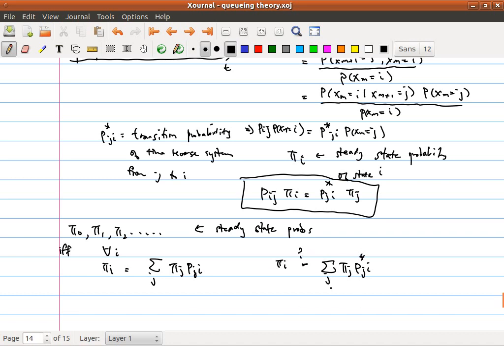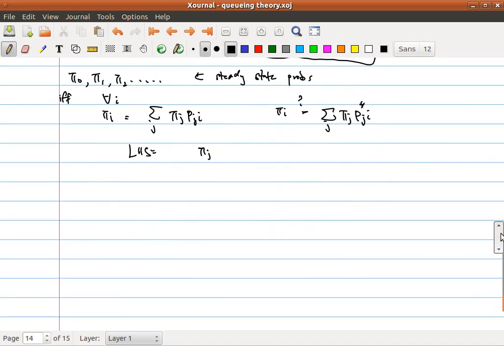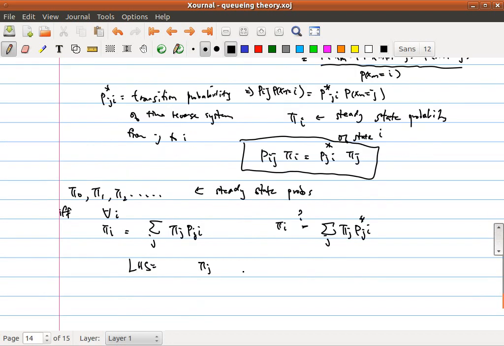So let's see, on the left hand side we have pi_j p_ji star, summed over j, and p_ji star we know is just equal to p_ij pi_i over pi_j, right?